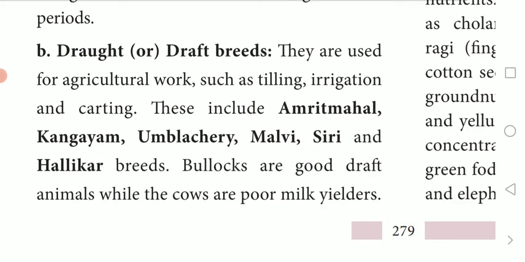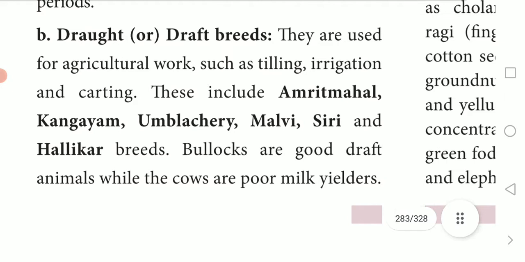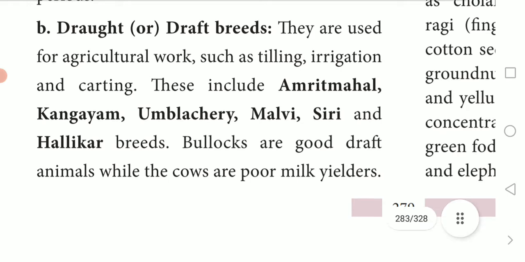These include Amrit Mahal, Kangeyam, Amblacheri, Malvi, Siri, and Heliker breeds. So these are the drought breeds. Drought breeds means the animals which are used for agriculture purposes and for carrying loads.